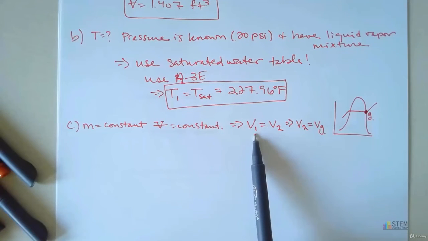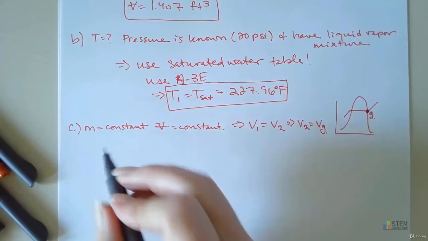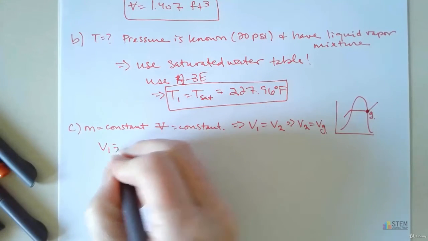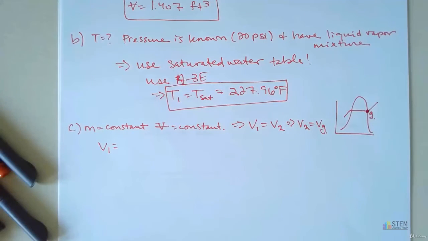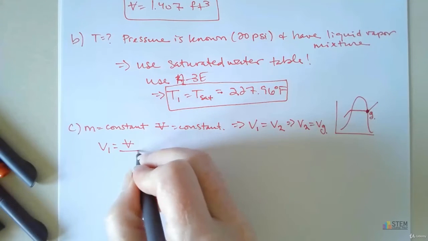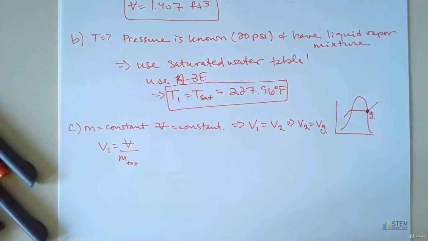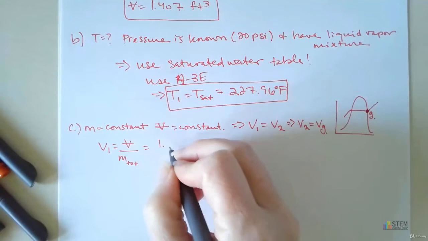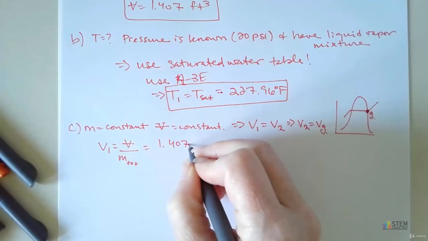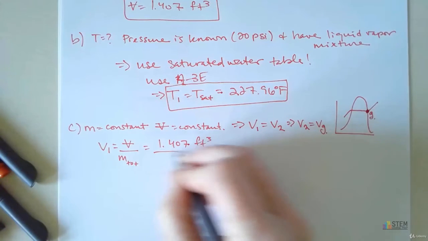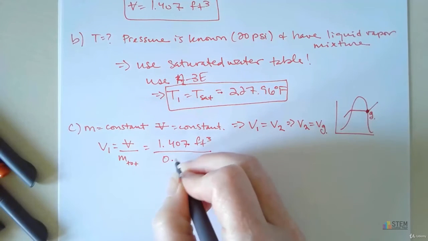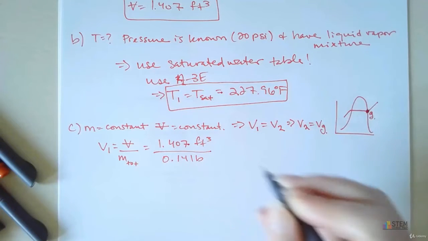Now, let's look at V1 here. So specific volume 1. That's going to be volume over the total mass. So volume we already found, 1.407 cubic feet. Divide that by 0.14 pounds.